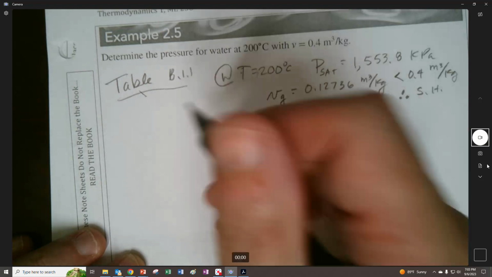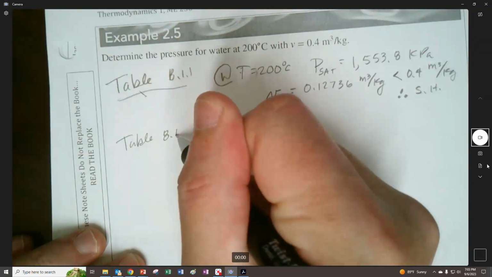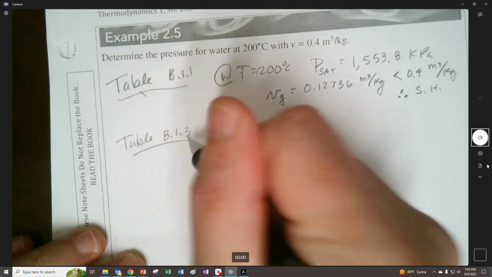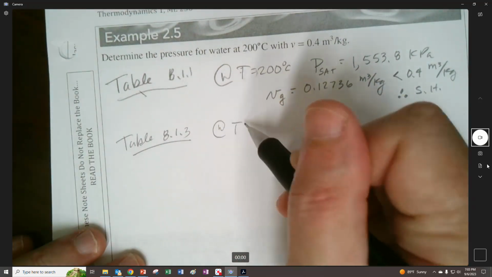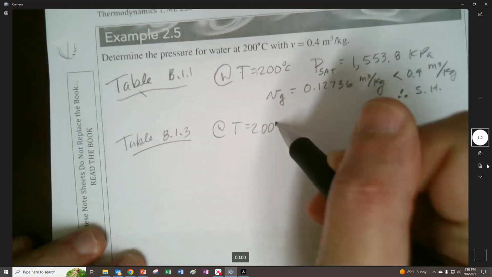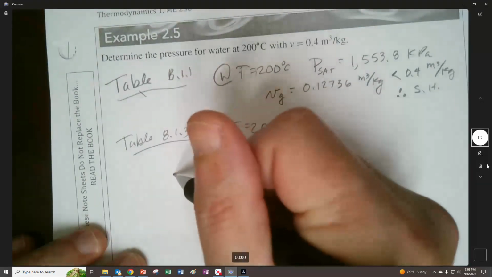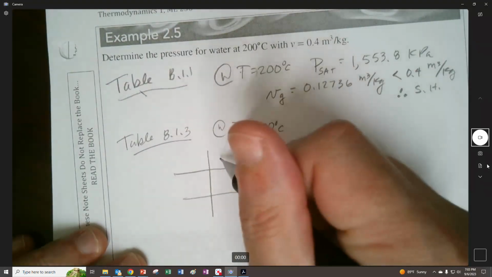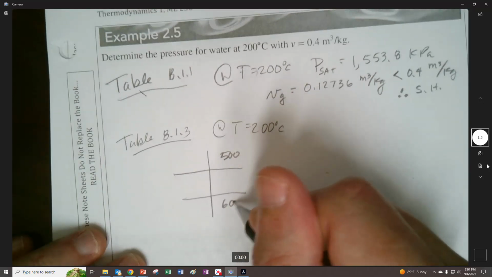And so then we go over to table B.1.3. And we look around at the temperature of 200 degrees, and we find that we are right there in the section between 500 and 600 psia.